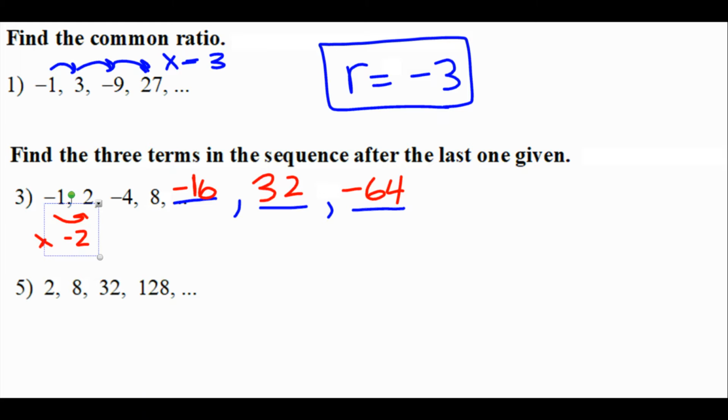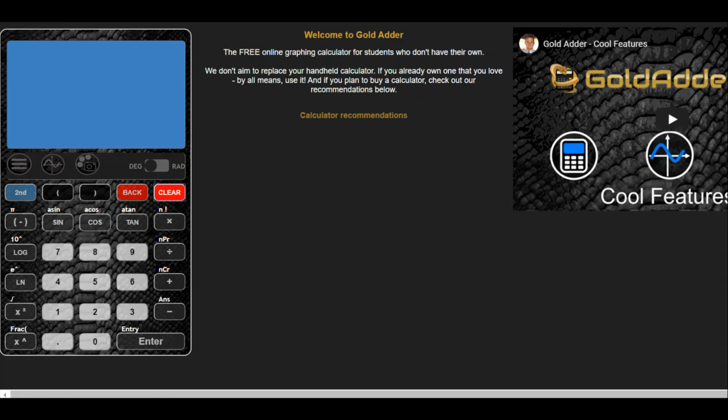Same question. Find the next 3 terms. So again, we want to figure out what they're doing. How are they getting from number to number? Well, it looks like times 4, right? Times 4. Ooh, I don't trust myself to do times 4 on numbers this big, so let's get a calculator. 128 times 4.